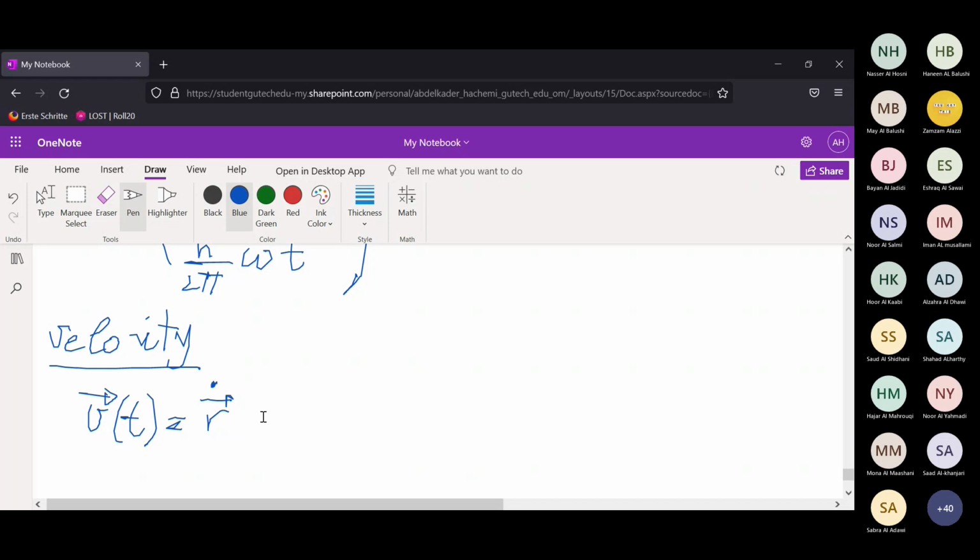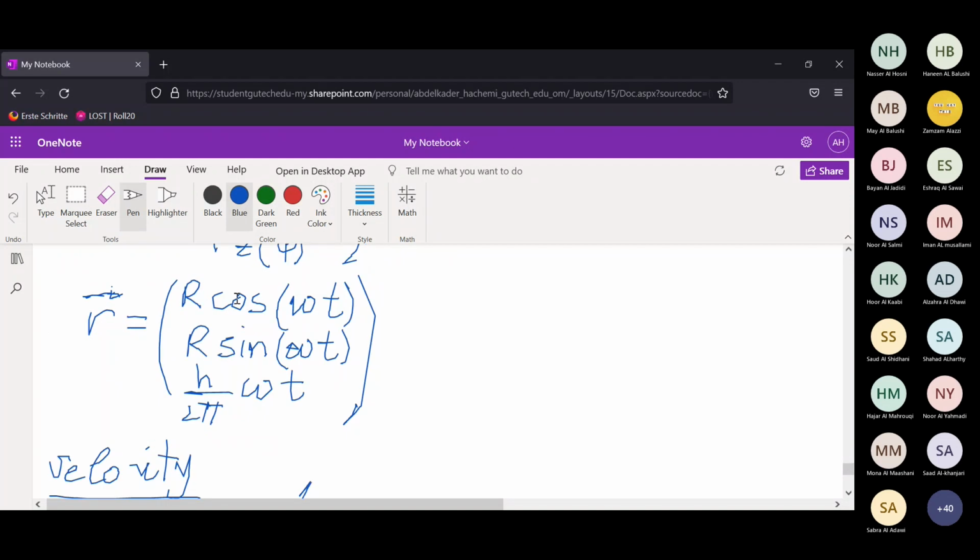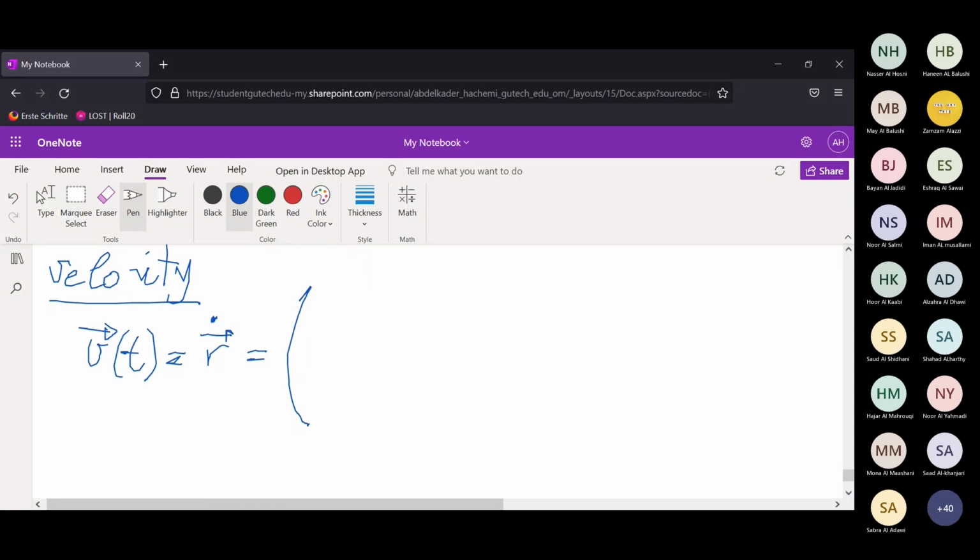If we derive each component with respect to time, we get minus r omega times sine omega t.